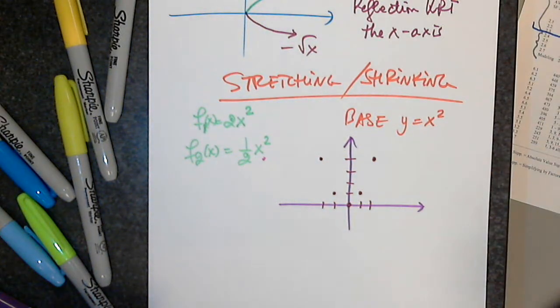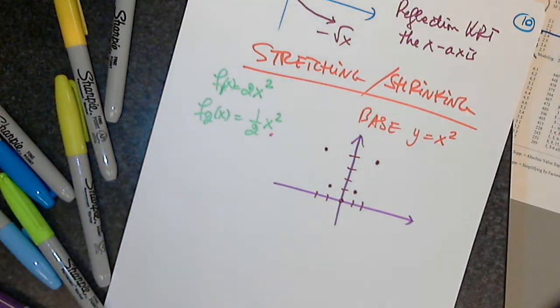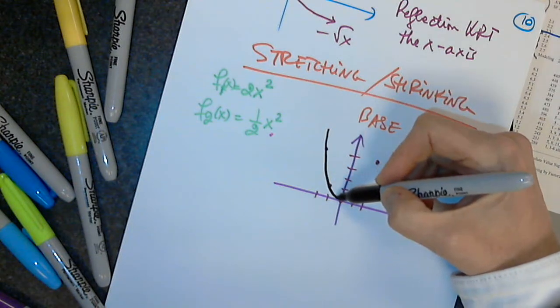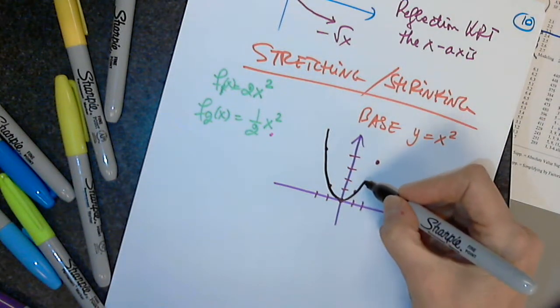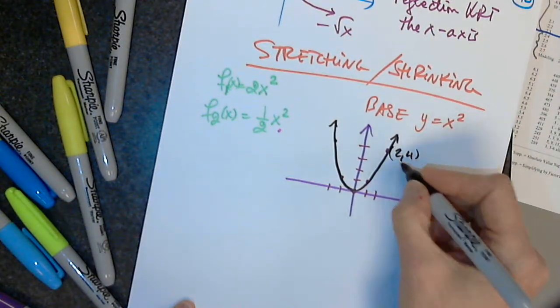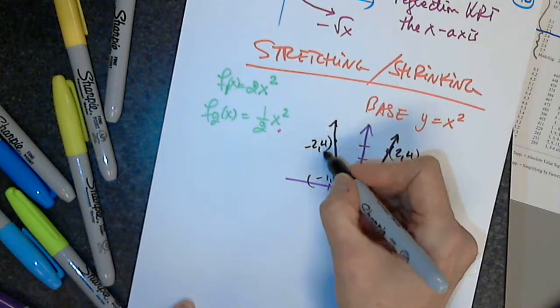Agreed? These are the points for x squared. Okay, perfect. So let me graph it. 2, 4, 1, 1, -1, 1, -2, 4.